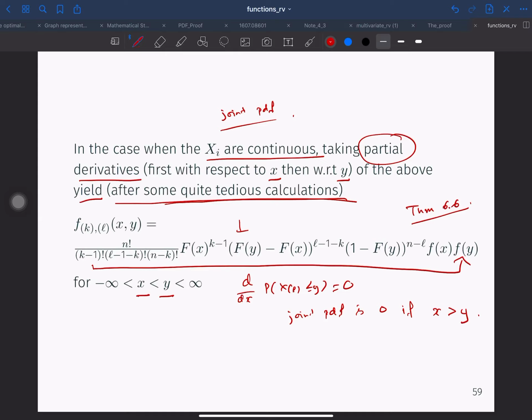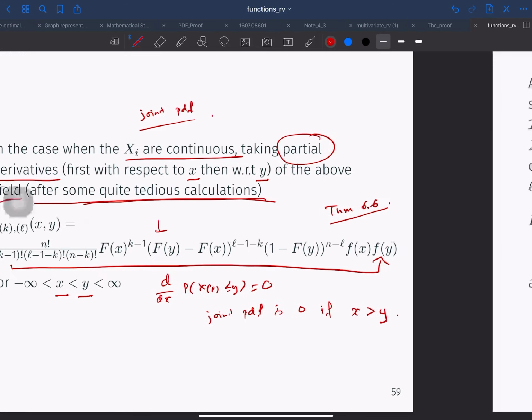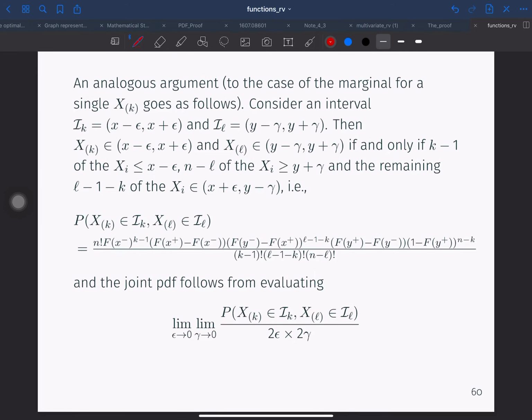But another way to see this result, which is a little bit simpler, but obviously at the cost that the argument only works for continuous random variables, is as follows.